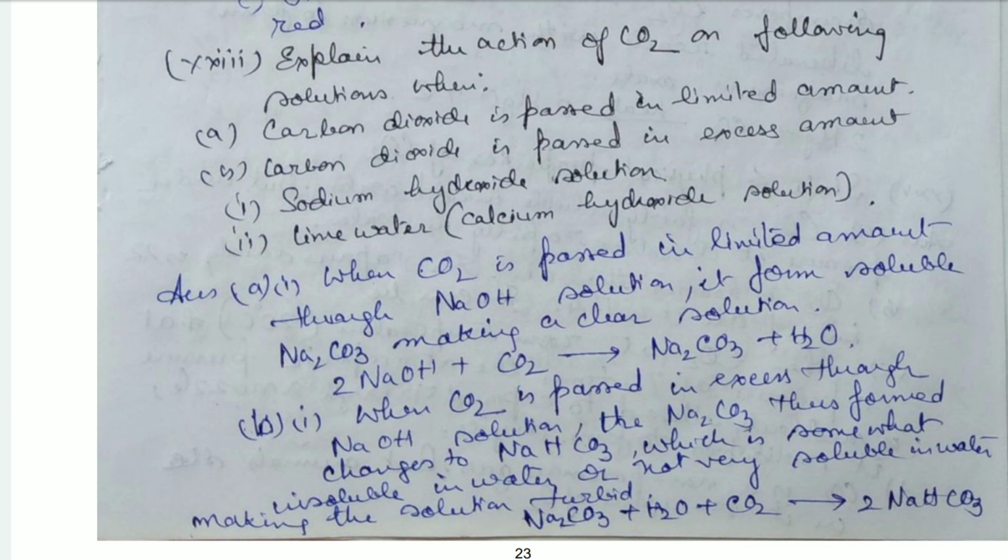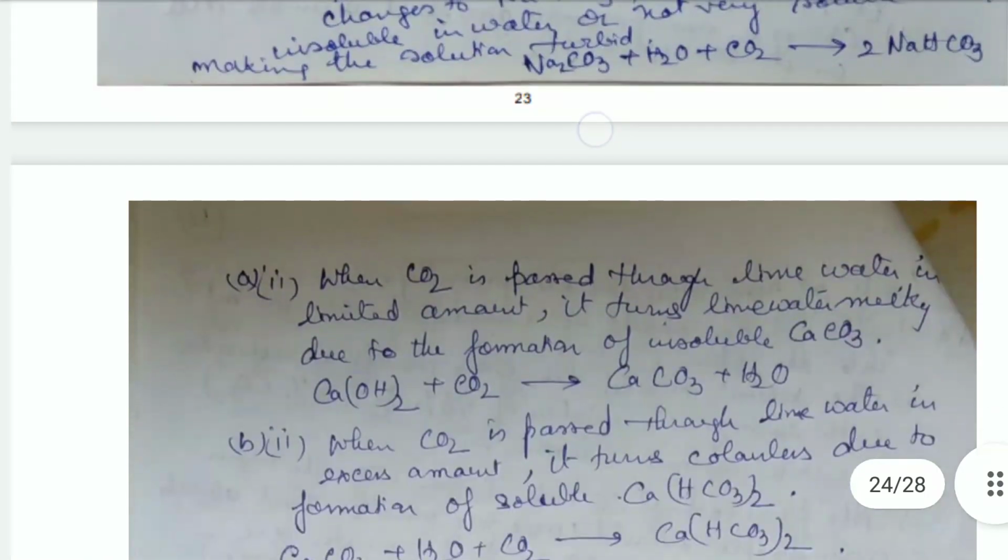When carbon dioxide is passed in limited amount through lime water, it will turn the lime water milky due to the formation of calcium carbonate, which is insoluble. That's why it becomes milky.